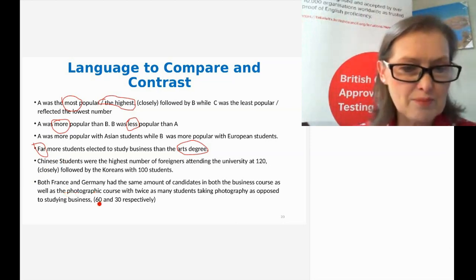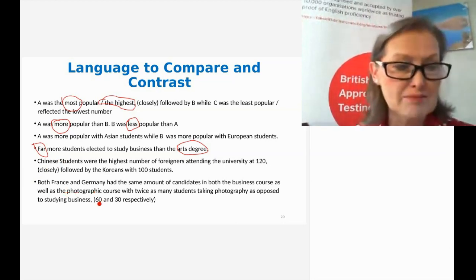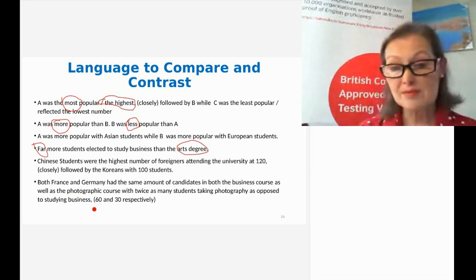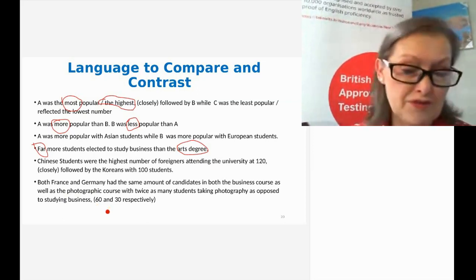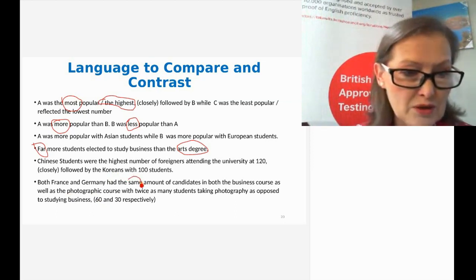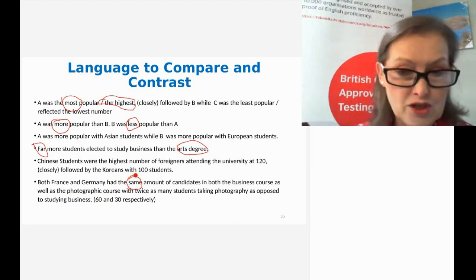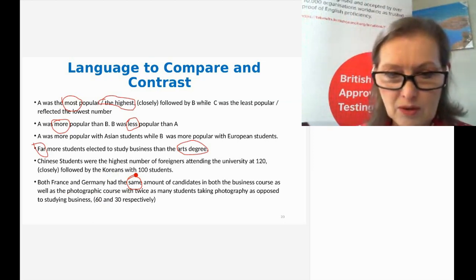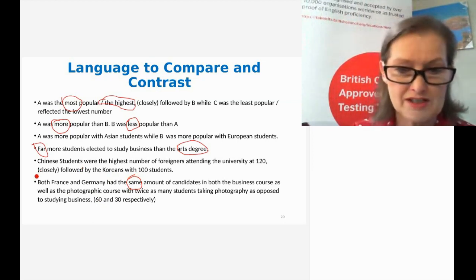So there I'm writing about the same information. Once again, both France and Germany had the same amount. So there's some language. Or I could talk about a similar amount if the figure varies slightly. And once again, I've used this little word, "both," France and Germany, because I'm actually comparing them and the information is similar.